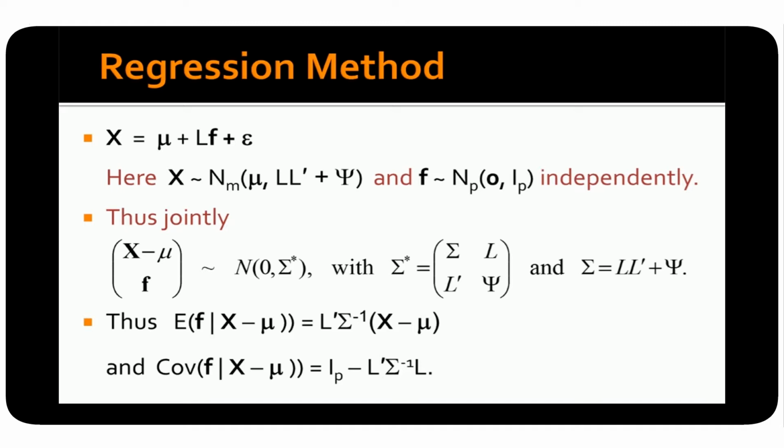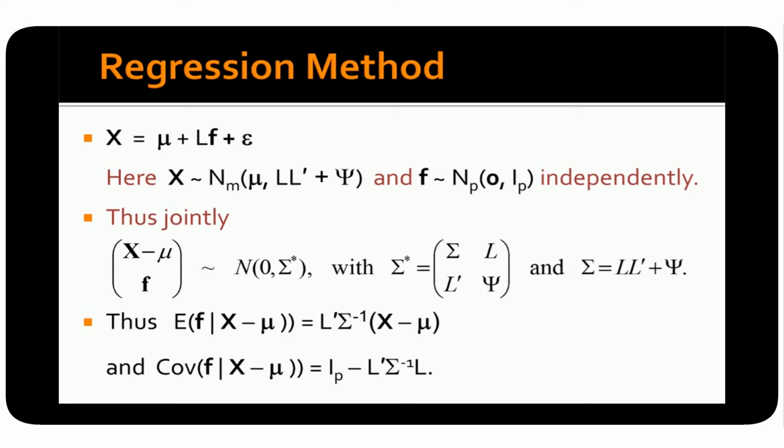Similarly, we have f which is also distributed as normal, and remember we have assumed that f has a mean of 0 and a variance which is equal to I. So, if we take x minus mu and f together, then the joint distribution of this, now we have how many? m plus p variables, m of x minus mu and p from f.